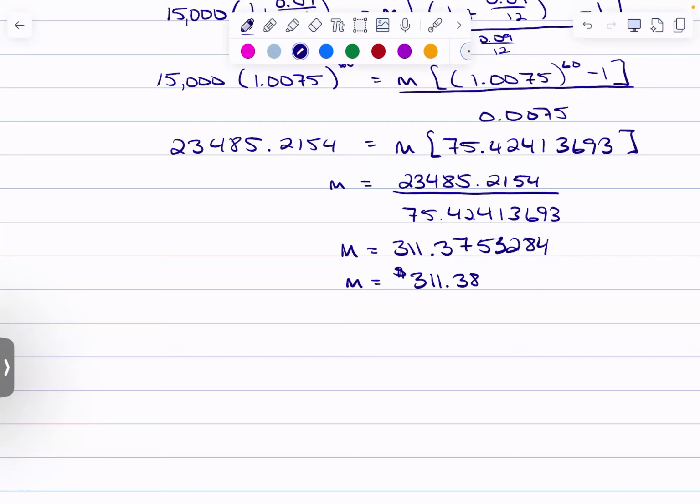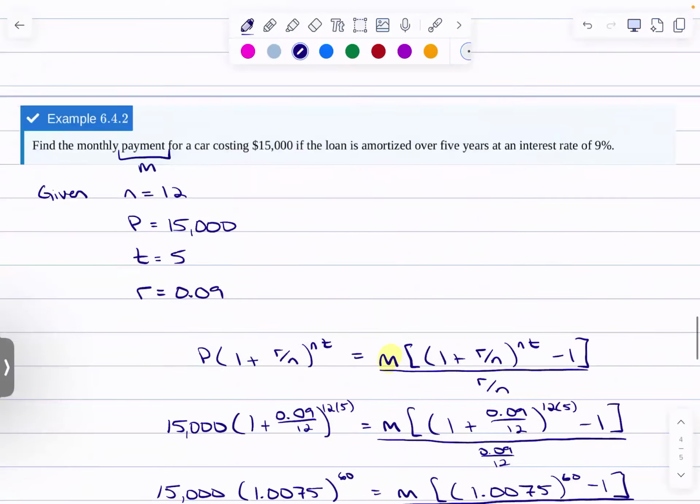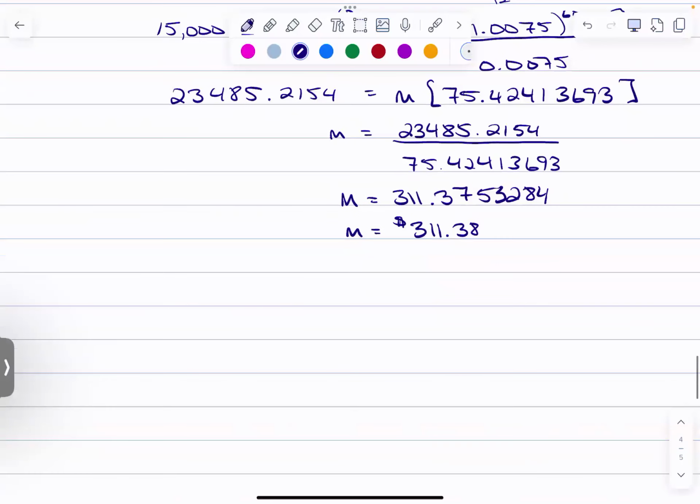So you'd be making monthly payments of $311.38 to pay off your $15,000 loan over 5 years. Oops.